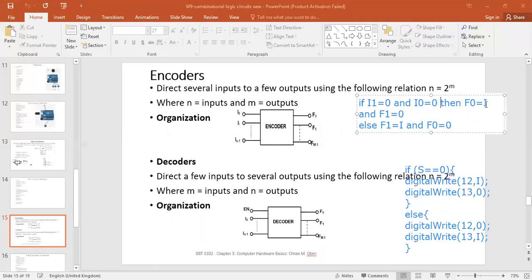Then F0 will be active. And for it to be active, we say 1, which means if it was to be put on or off, it will actually be on. But the rest will be zeros. So F0 is 1.